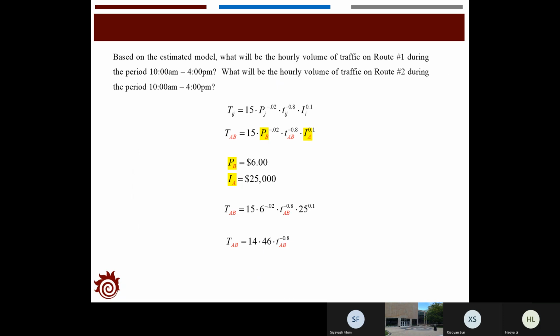So I is A, T is also A, so we need to use PA, the price of activity in A. TA is the travel time of the activity inside town A, and IA is the income level in town A, right? So we have all the values. PA is $4, TA is 3 minutes, and IA is still 25,000.